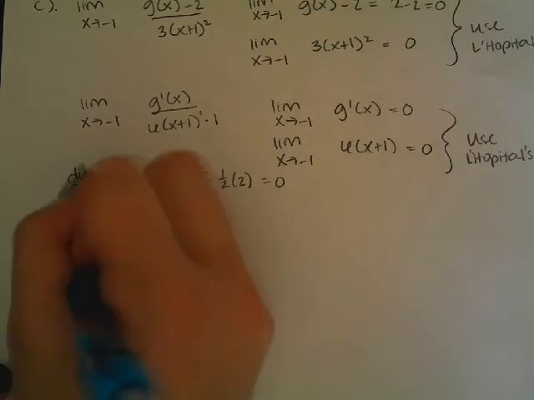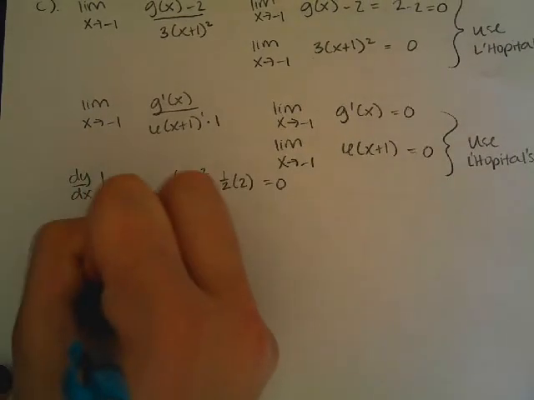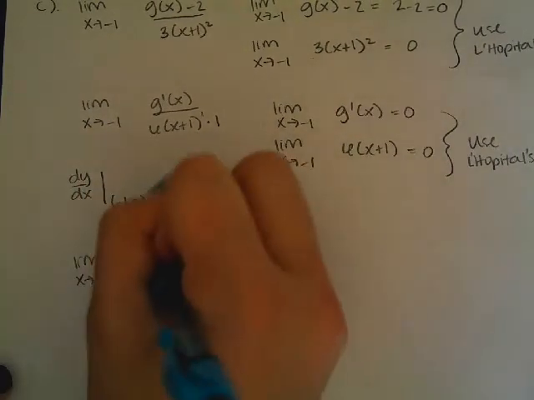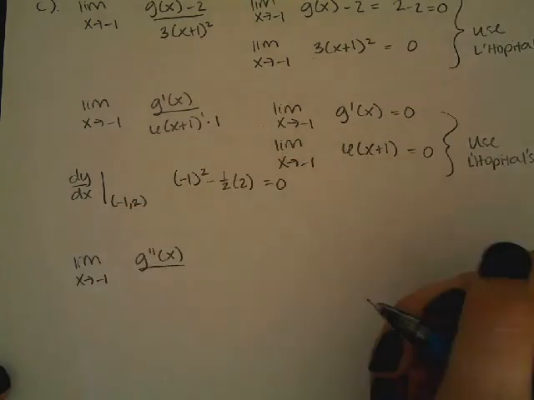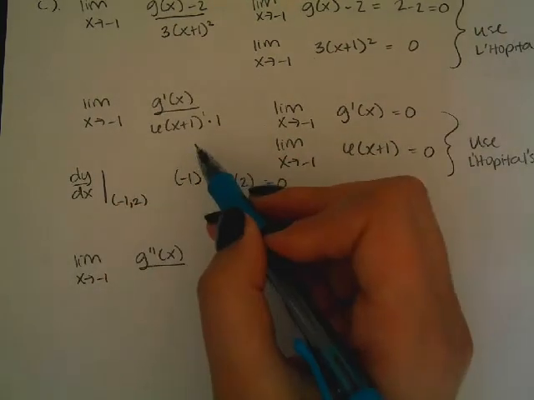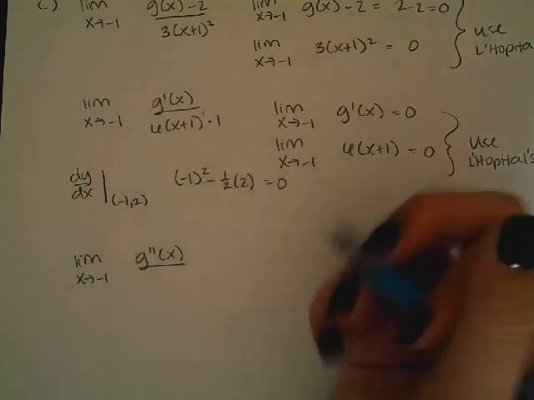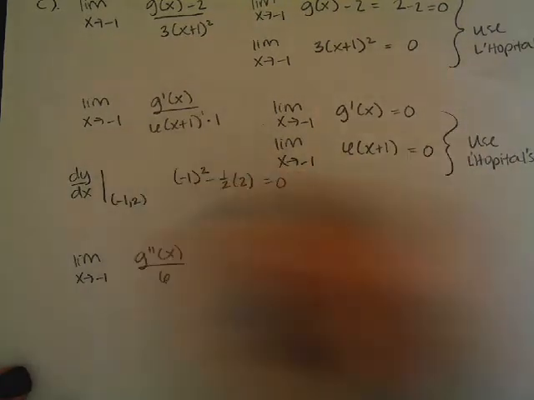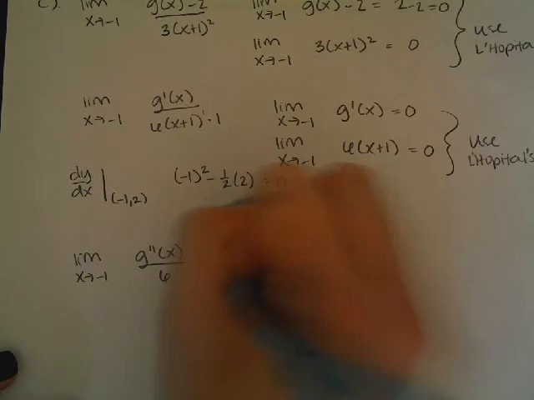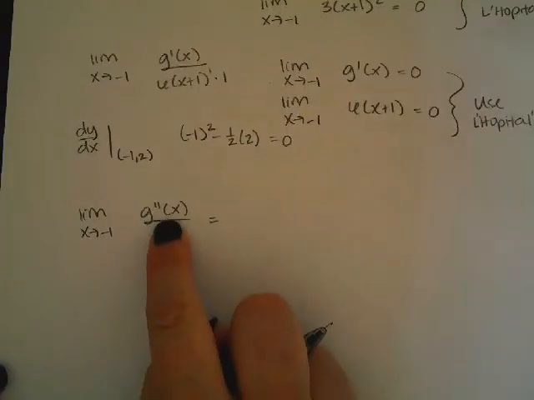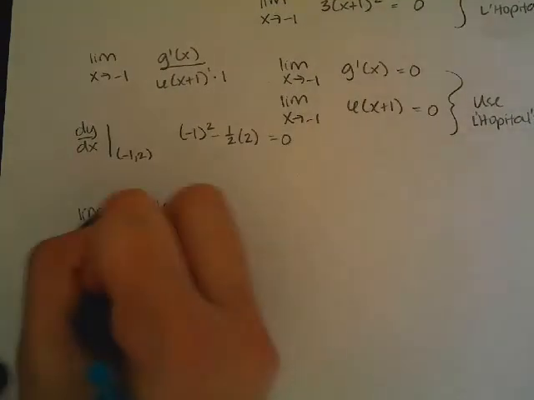So now I've got the limit as x approaches -1 of g double prime of x divided by, on the bottom I can think of that as like 6x plus 6, and so the derivative of that is just 6. And so now what I need to do is take the second derivative and evaluate that at the same point.